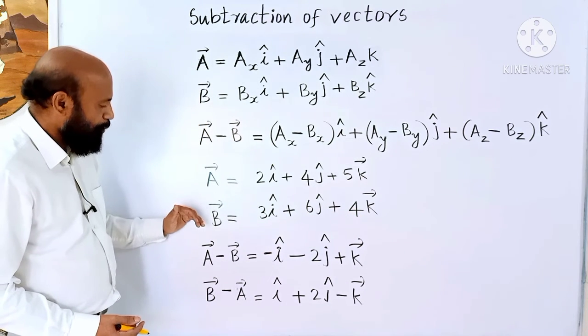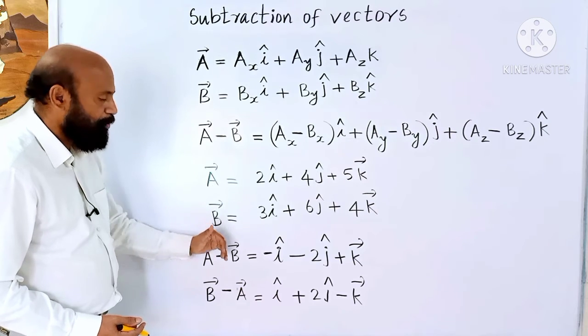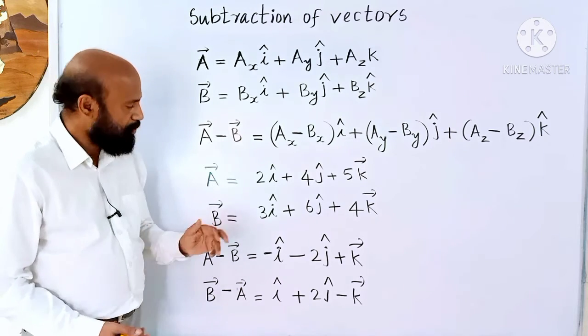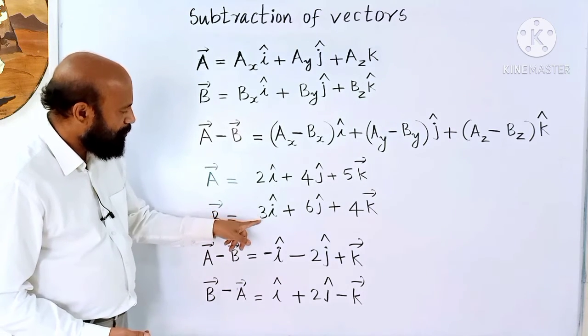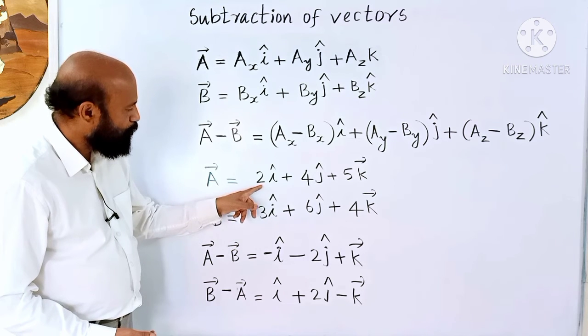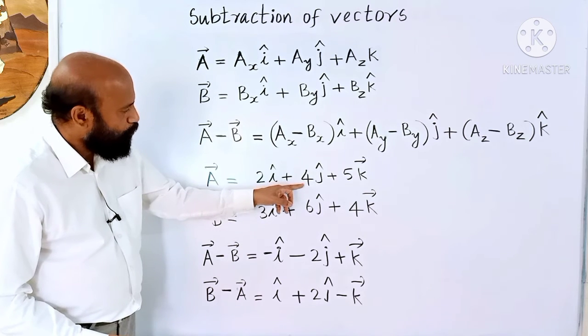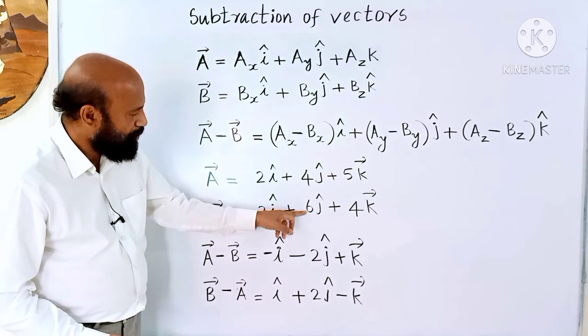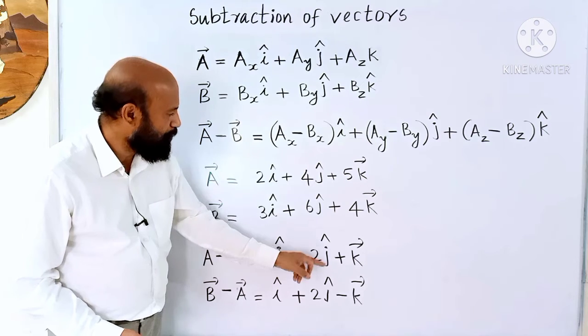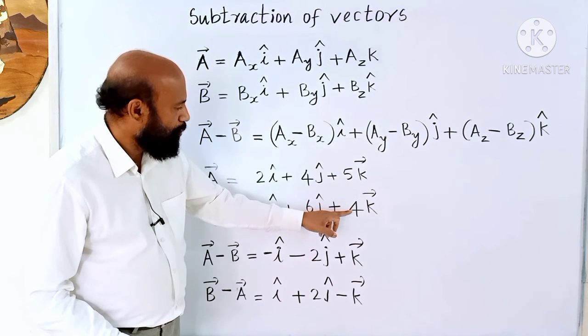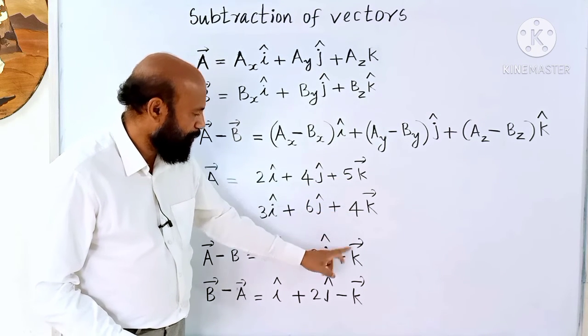Now A vector minus B vector. You have to subtract 3i from 2i. So 2i minus 3i is minus i, 4 minus 6 is minus 2j, 5 minus 4 is 1k.